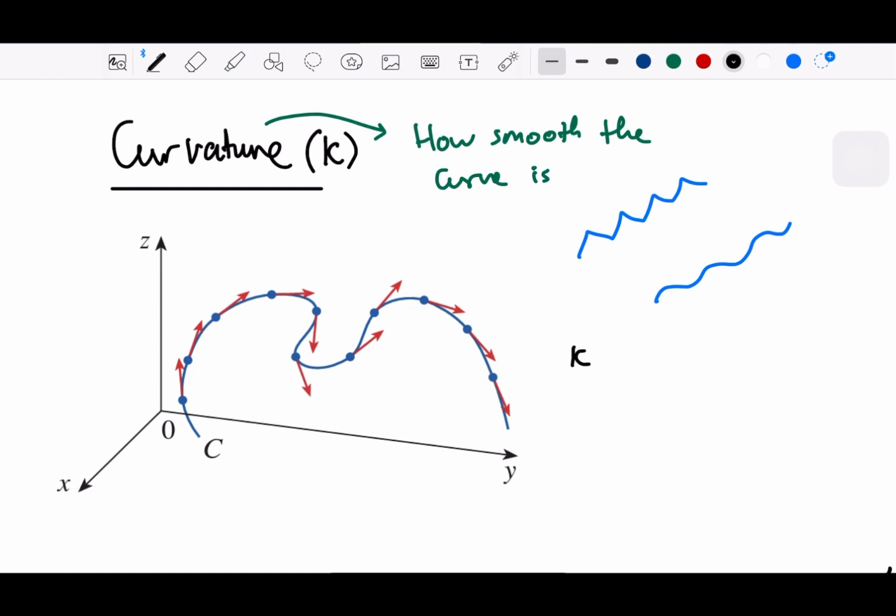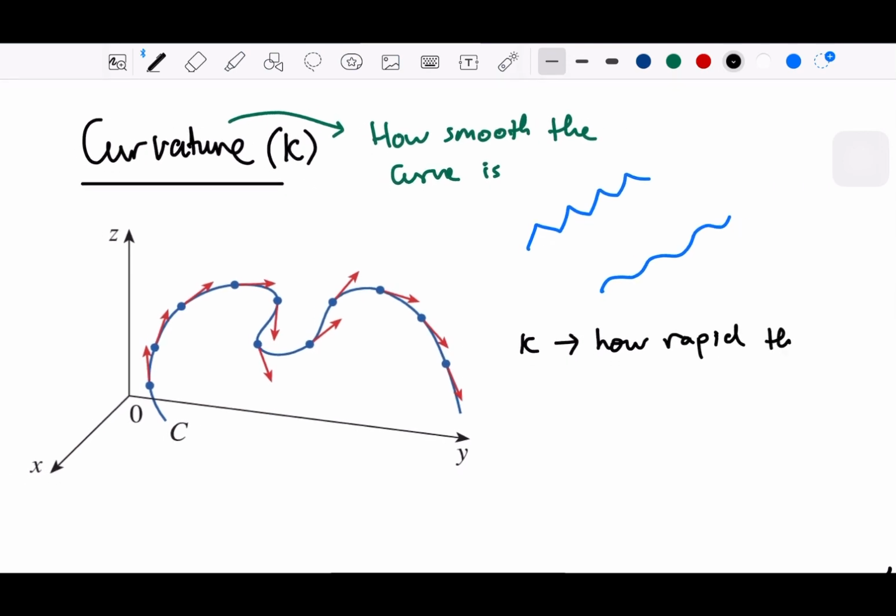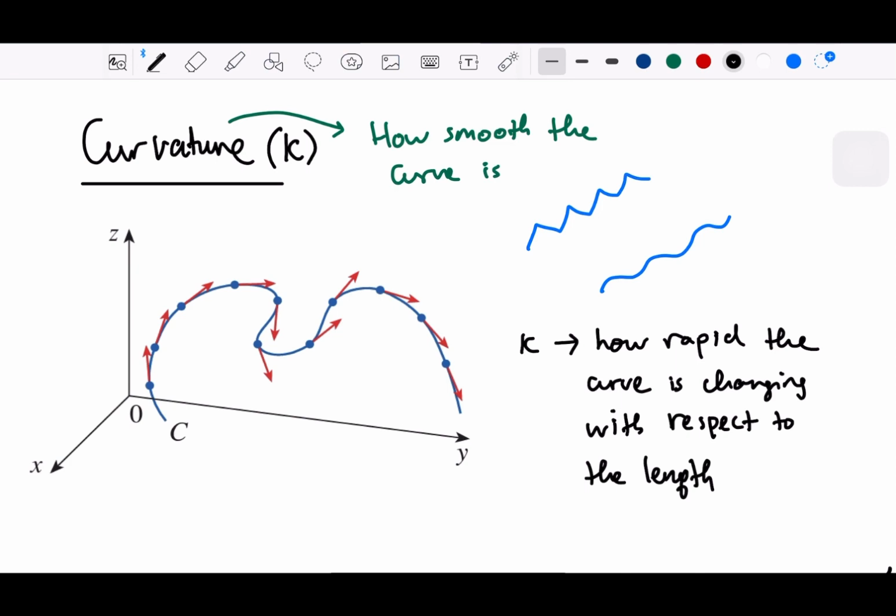The curvature describes how rapidly the curve is changing with respect to the length.